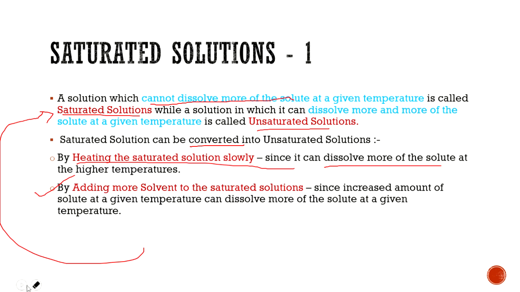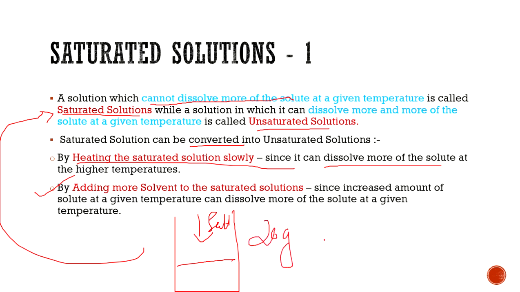Now let me draw a simple figure. I use a beaker of water. Now I add a salt. First of all, I add 20 gram of salt. It dissolved. Now I need 30 more gram to finish my experiment, but it doesn't dissolve. Now what will we do? Let us consider the amount of water is 100 grams.